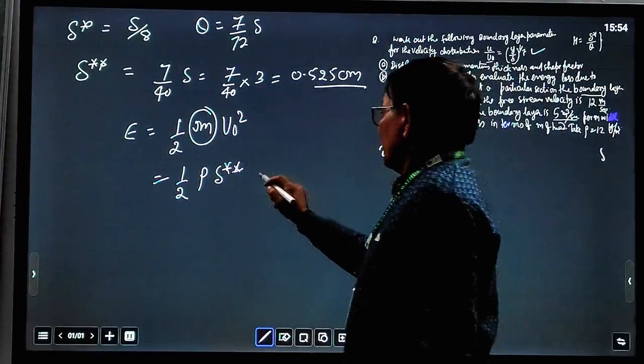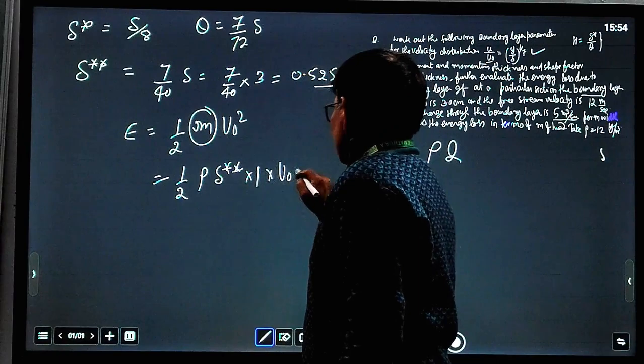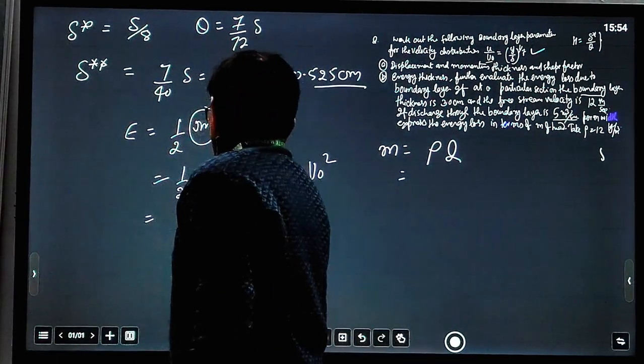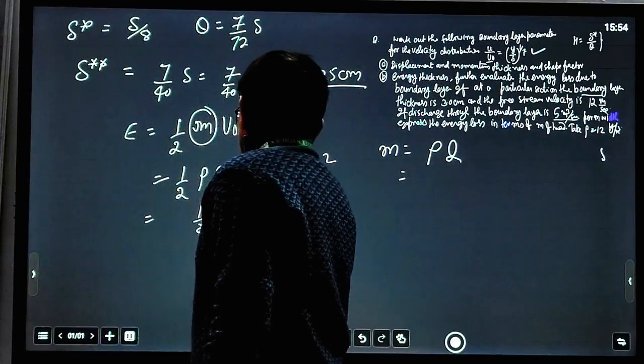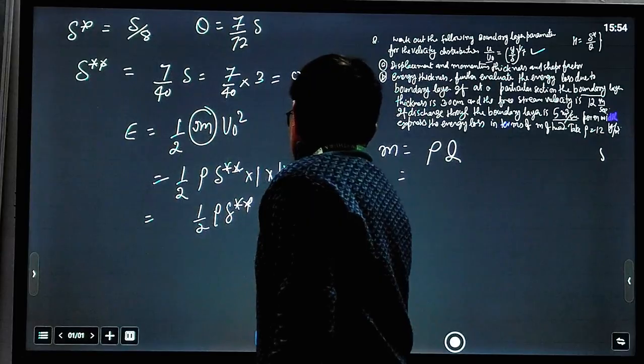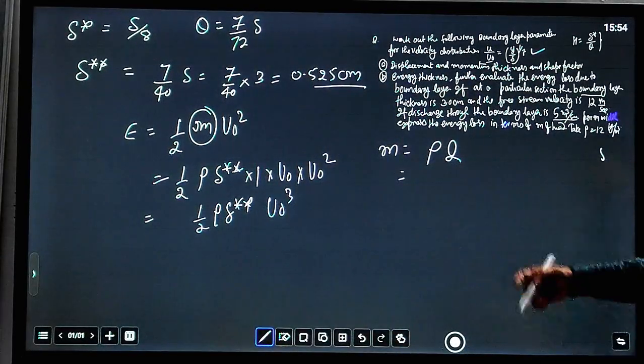The width of the plate is given as per meter, so we take 1, and velocity is u naught. So the actual value is 1 by 2 rho del star into u naught cube. The energy loss we can calculate by using this equation.